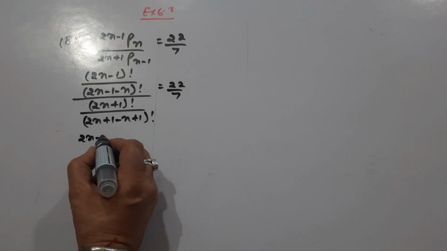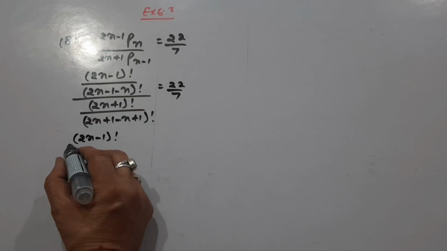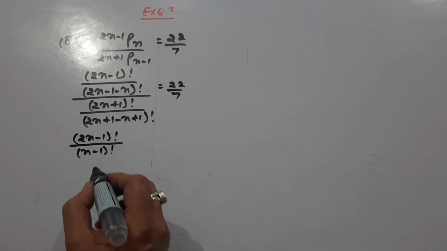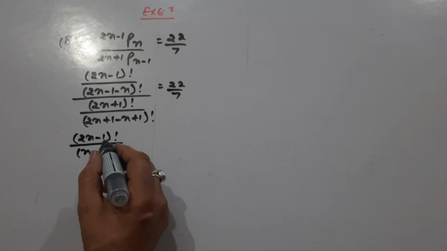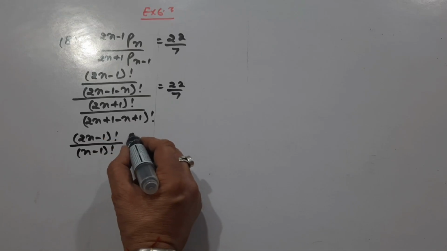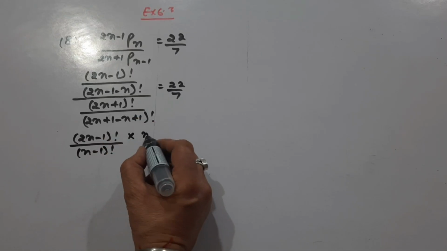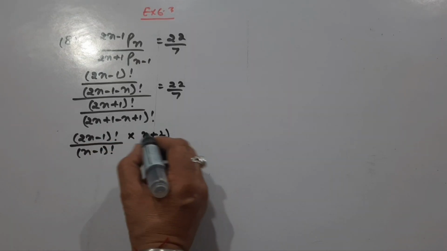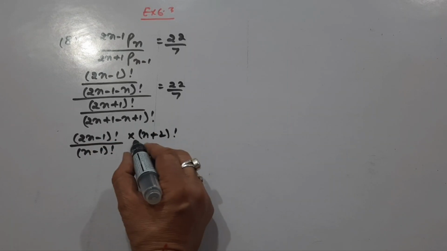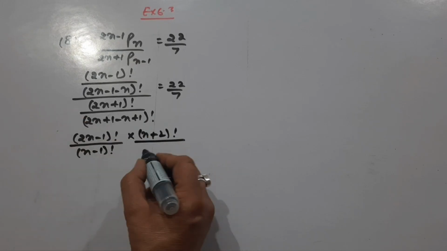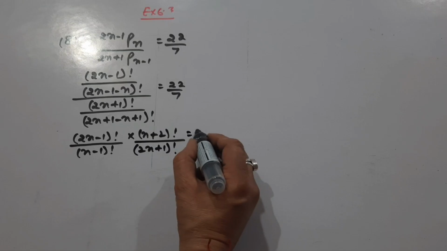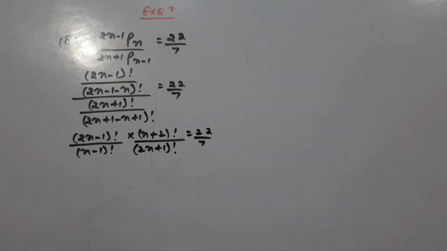So we get 2n minus 1 factorial, and here we write n minus 1 factorial. And when we solve this, we get n plus 2n minus n is n, 1 plus 1 is 2, so we get n plus 2 factorial, and here we write 2n plus 1 factorial equal to 22 by 7.